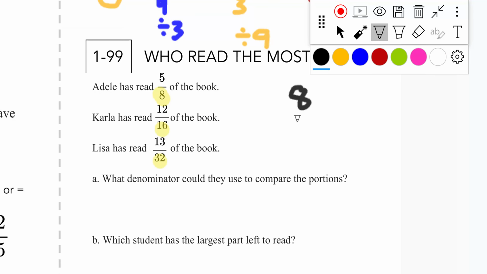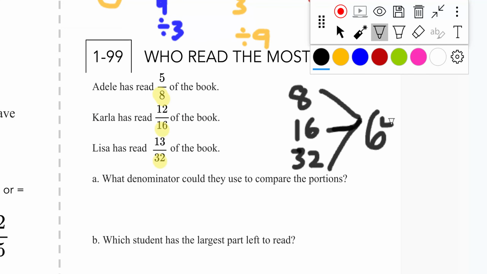So if you have 8, 16, and 32, what is the least common multiple, or the smallest denominator that they all go into? What number do they all go into? Question. Do they all go into 64?